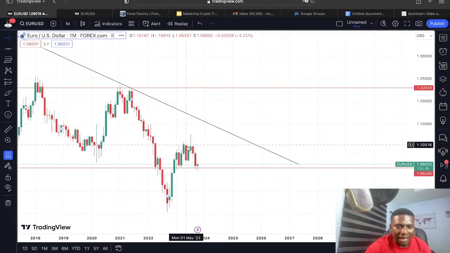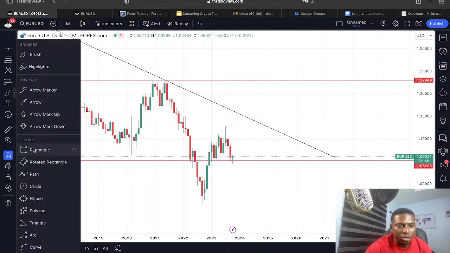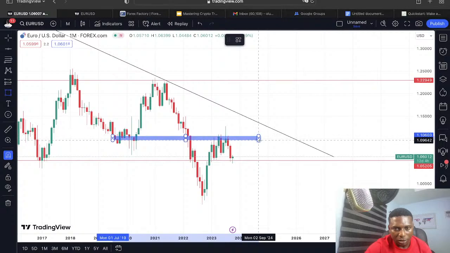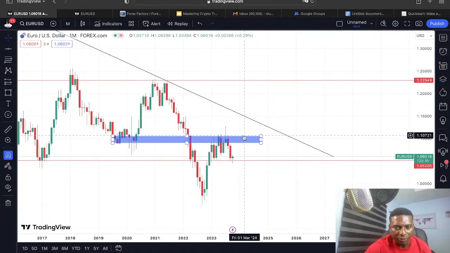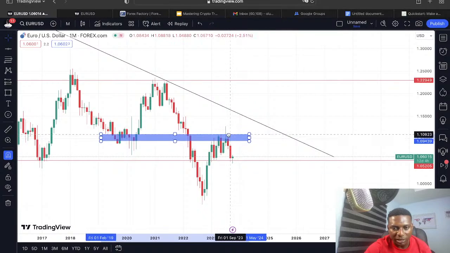Okay? Because at this point we have a minor resistance zone, which is to be observed. Let me push it away so that we can see what I'm saying.